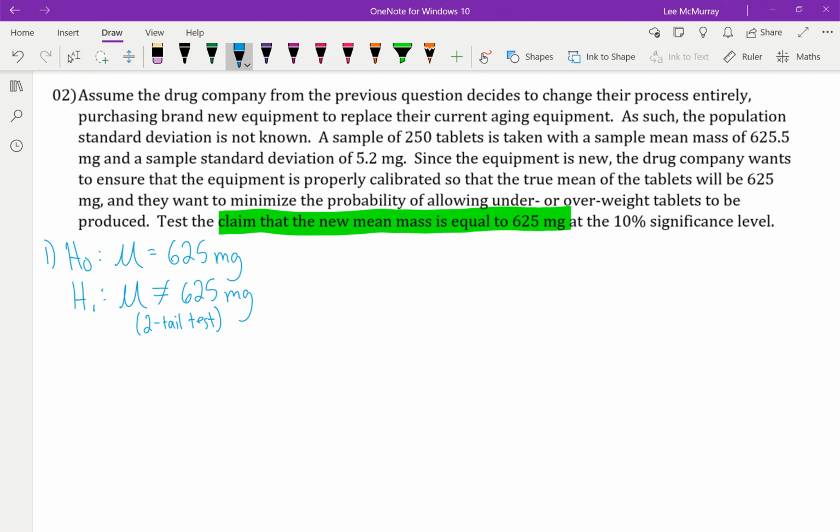Alrighty. Next thing we'll do is identify our significance level. So in this case, our significance level alpha is 10%. So we're going to say it is 0.10.